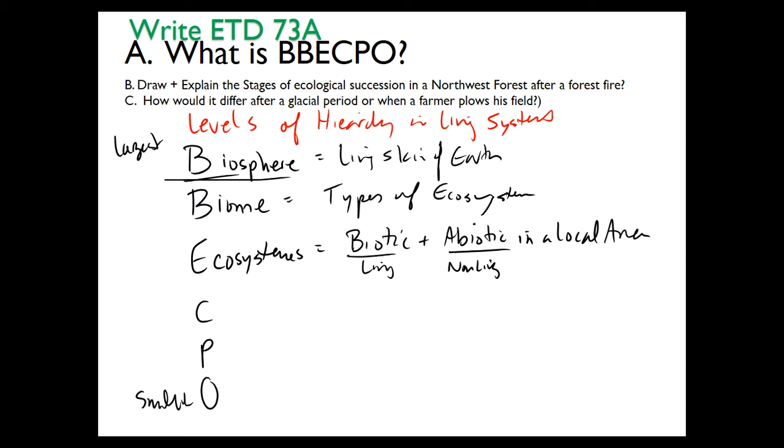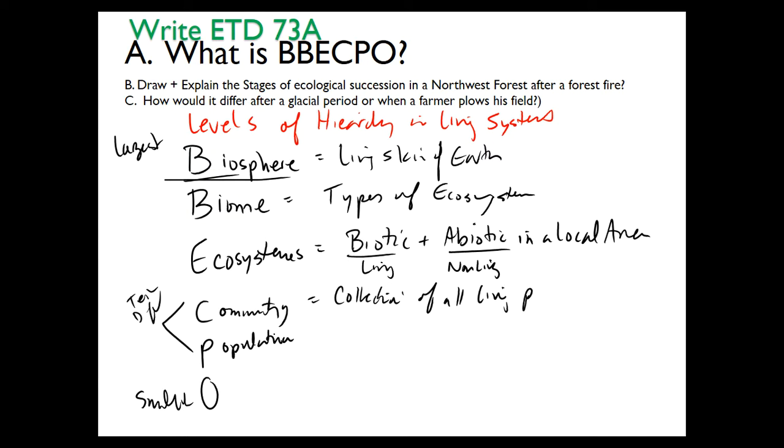Then the AP loves to tell the difference between the C and the P. It loves to test on the difference between C, which is a community, and P, which is a population, something we've already studied a lot in genetics, right? Now, a community is a collection of all the living populations in an area. So if we're looking at your neighborhood, that would be all the dogs, the trees, the grass, the humans.